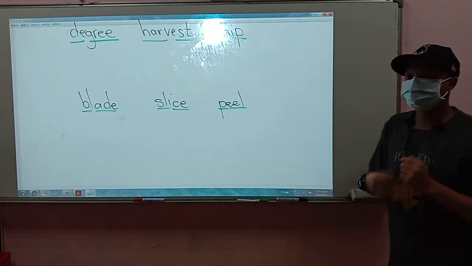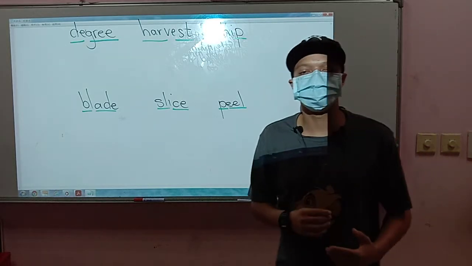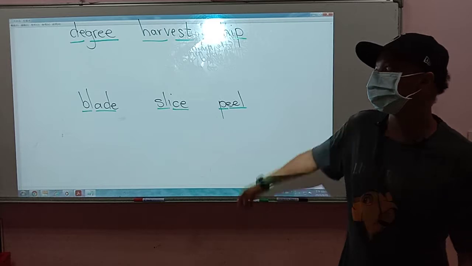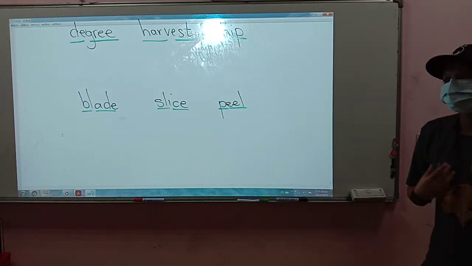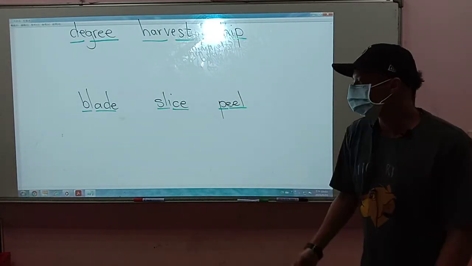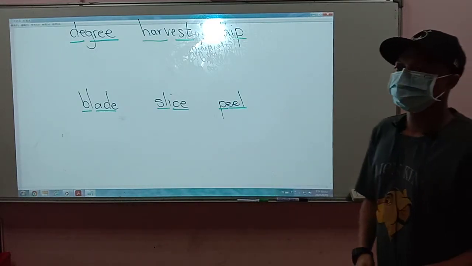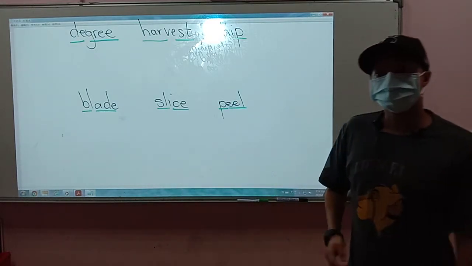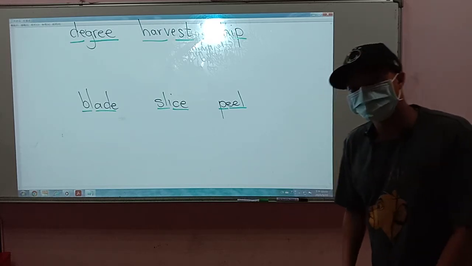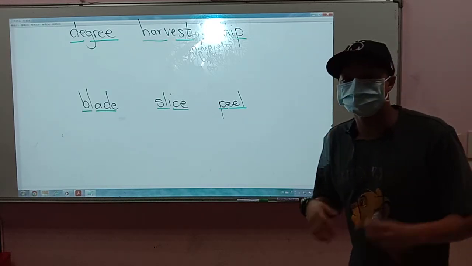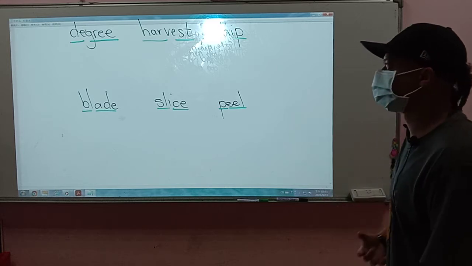I am going to explain a word and I want you to guess which word I am explaining. The first one: this is something that farmers do when the fruit is ready. Fruit and vegetables are ready on the farm. Which word is that?